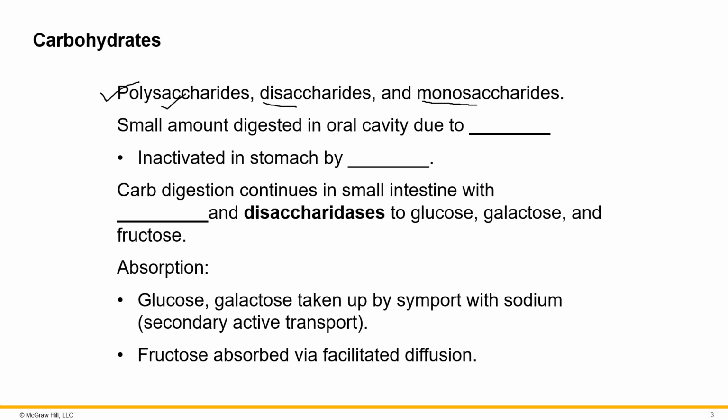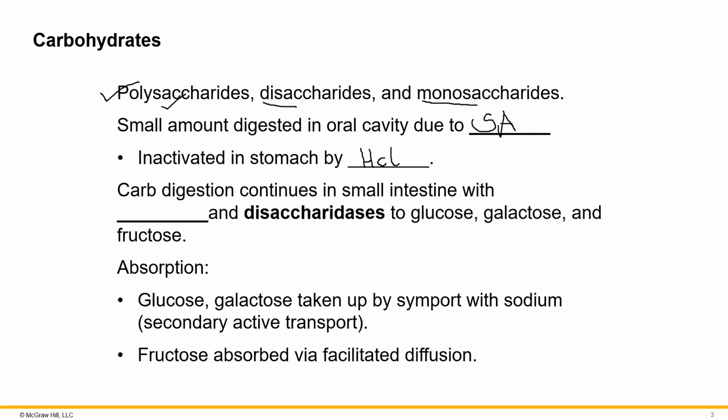The enzyme that starts off carb digestion in the oral cavity is salivary amylase. This salivary amylase gets inactivated in the stomach due to the presence of hydrochloric acid. The stomach is a highly acidic environment, and so starch digestion that starts off with salivary amylase in the oral cavity is inactivated in the stomach by hydrochloric acid.